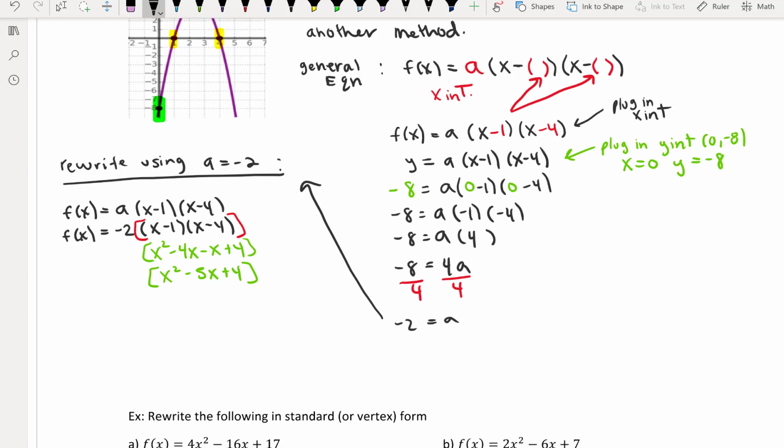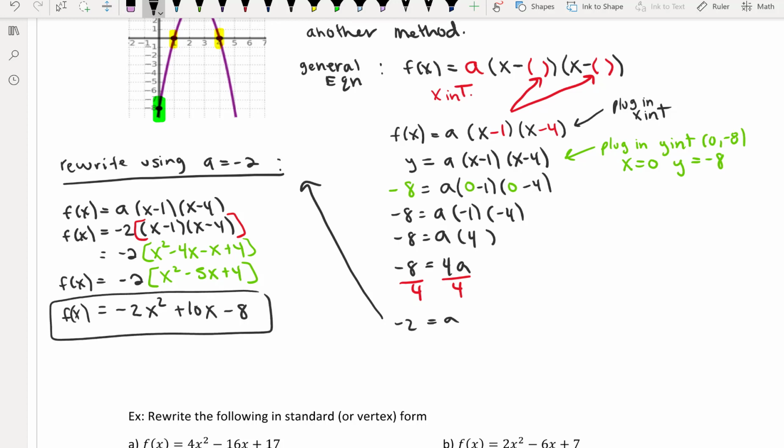When I distribute the negative 2, I have negative 2x squared plus 10x minus 8, all equal to f of x. And that is how I get my general form.